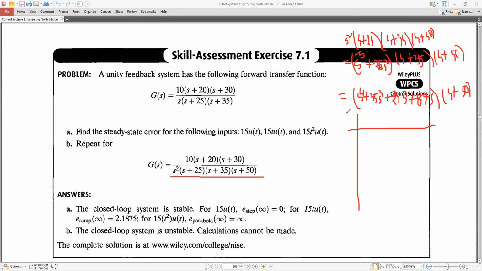Then again do the calculation here. s to the power 4 plus 35 plus 25, that means 60 s cube plus 875 into s plus 50. Now again check this one. Let me erase this one.